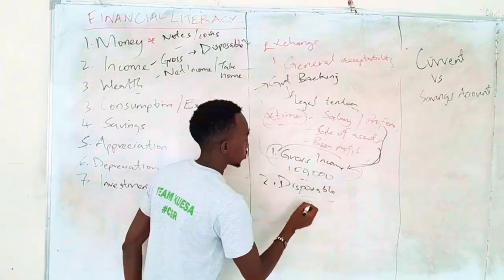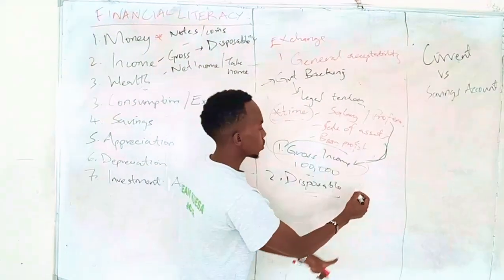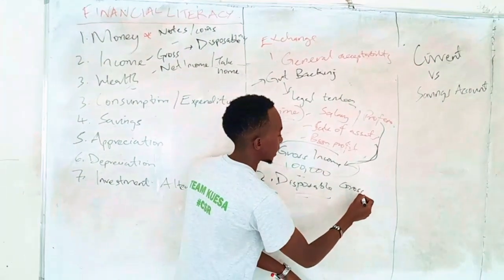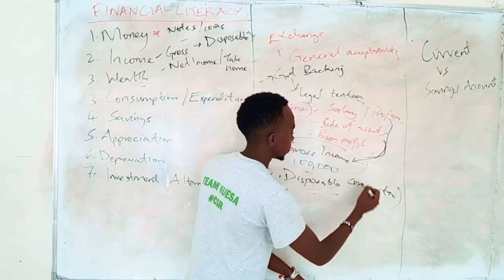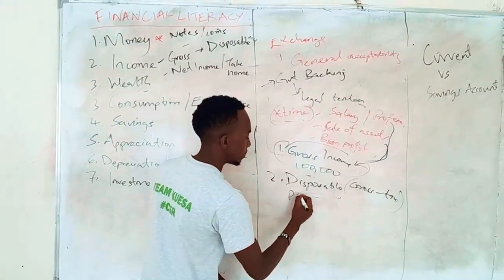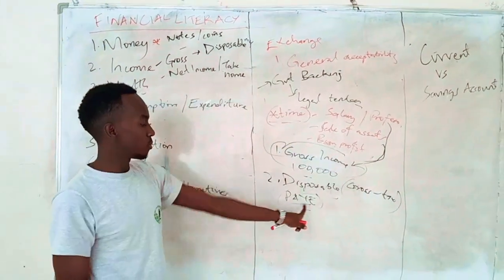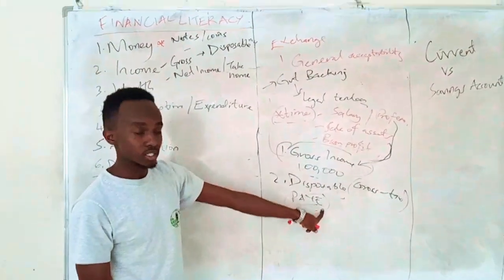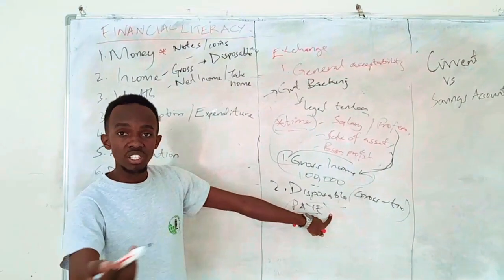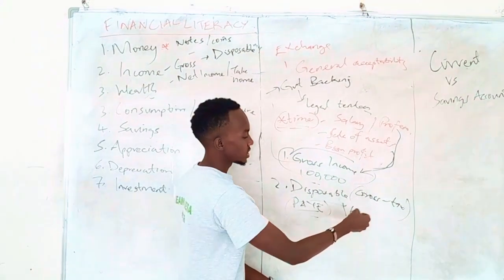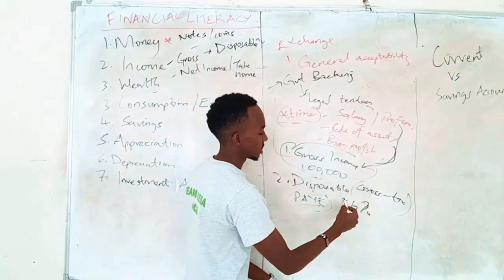Disposable income. So disposable income is gross income less tax. So typically you pay PAYE. The percentage of income that you pay in form of PAYE, pay as you earn tax, is dependent on the territory that you're living in. In Kenya it is about 16%. No, 30% actually.